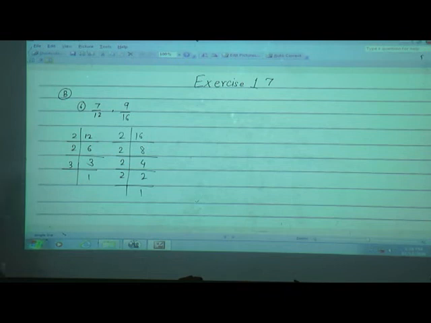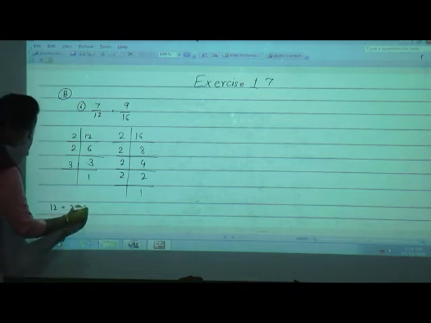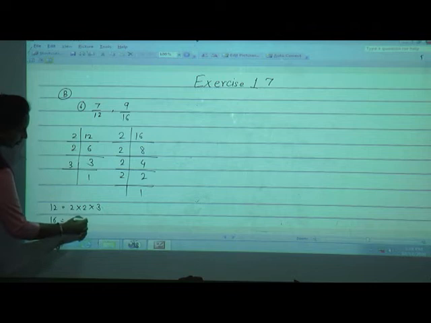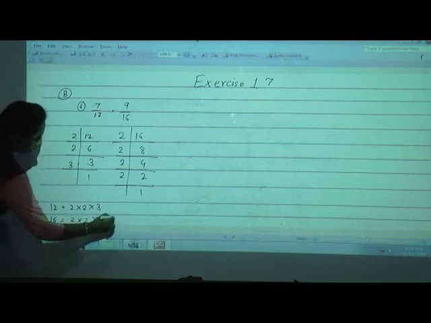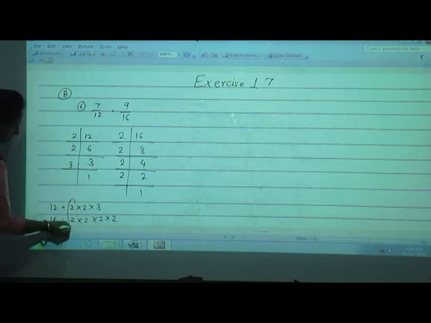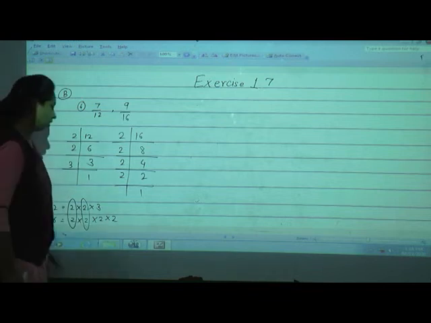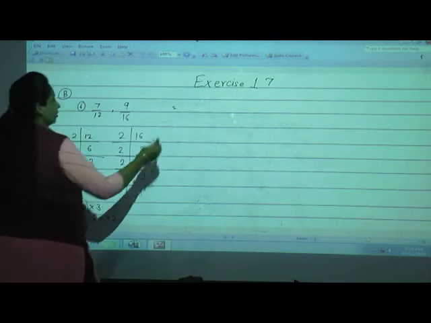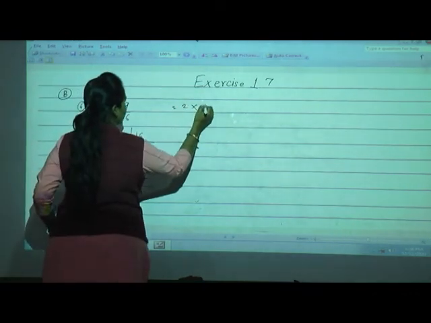Okay. Now what are the multiples of 12? 2 multiplied by 2 multiplied by 3. And what are the multiples of 16? 2 multiplied by 2 multiplied by 2 multiplied by 2. Now what are the common numbers? 2, 2. Isn't it? Here 3 is there, and 2, 2 are not common. So first we write the common ones only once, 2 multiplied by 2.